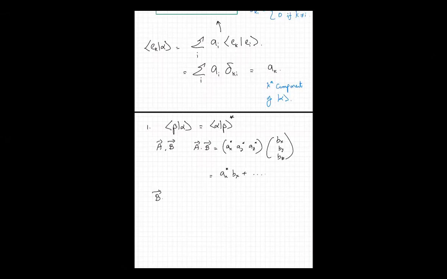But if I compute B dot A, see, in ordinary vector algebra, A dot B and B dot A are the same, but that's only because you've been dealing with only real vectors, vectors that have real components. So in our definition of dot product, B dot A would be BX star, BY star, BZ star times AX, AY, AZ. Again, take the row vector of the first guy, complex conjugate it, and then take the column vector of the second guy and multiply. So this would be equal to BX star AX plus and so on. Okay.